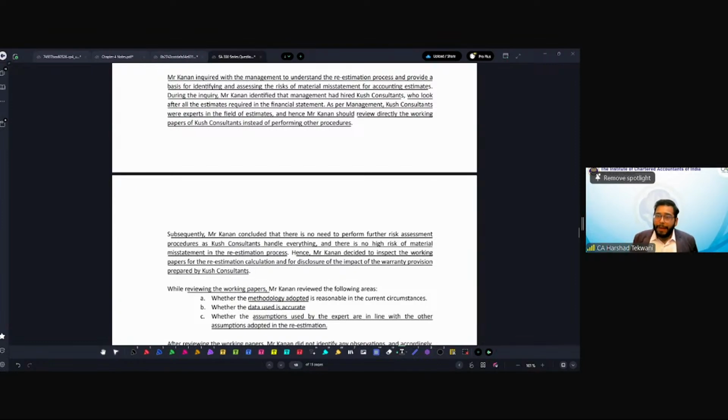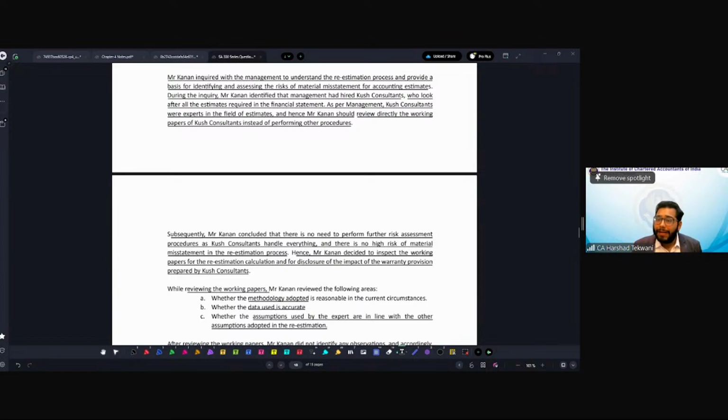There could be multiple risks involved, but I'm directly going to the working papers, reviewing them without understanding the risk. And this happens at times in real life scenarios also, that without verifying what risk is there, we directly check the working paper and the report of the independent experts that management has obtained.